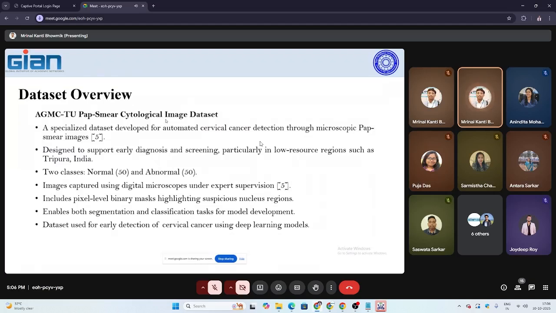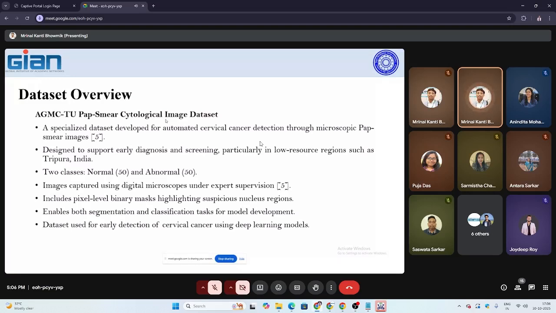It is considered a binary class dataset, which includes 100 images, 50 normal and 50 abnormal, making it a balanced binary classification dataset. Each image also comes with pixel-level masks, helping the model learn exactly where abnormal nucleus regions are located.